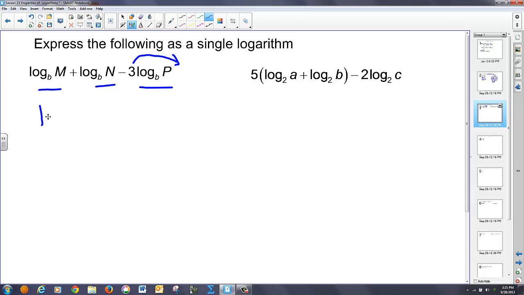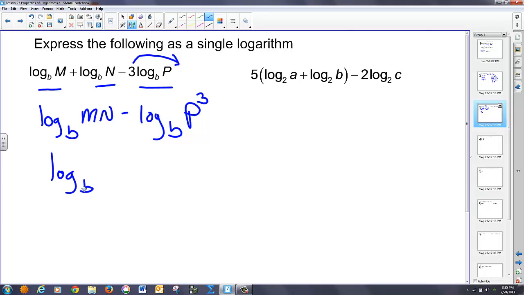So this is the log base b of m times n minus the log base b of p cubed, or raised to a third. Since this is a subtraction, that goes into a division, so I have the log base b of m n over p cubed.